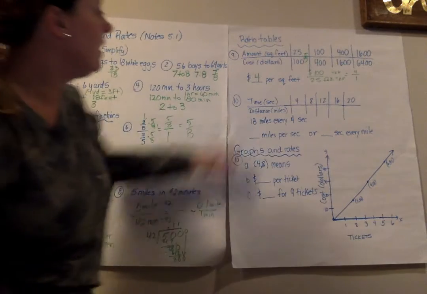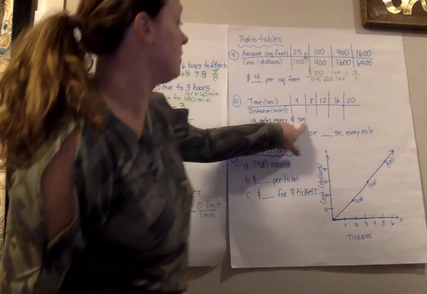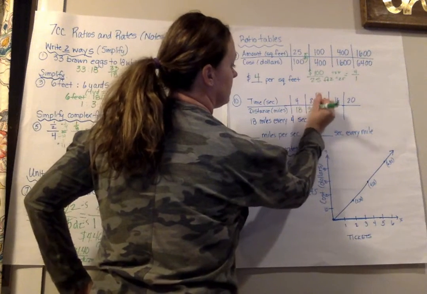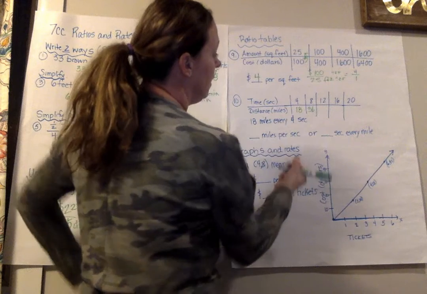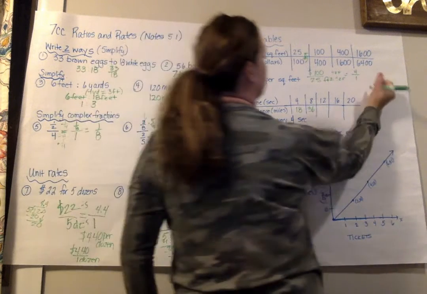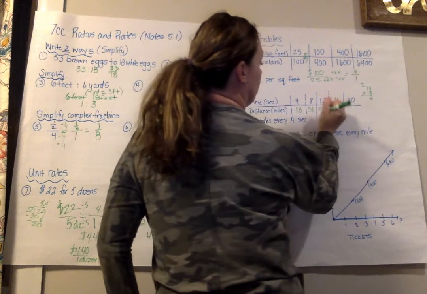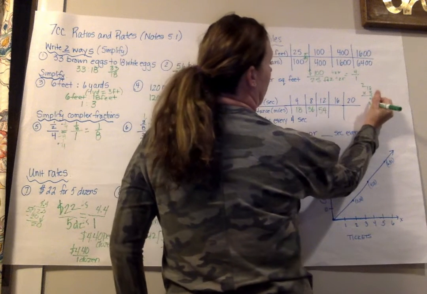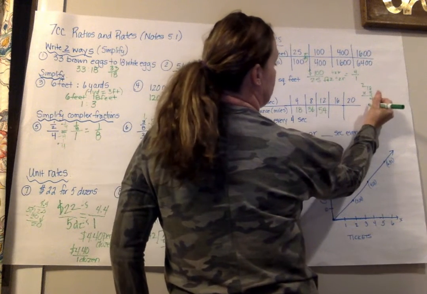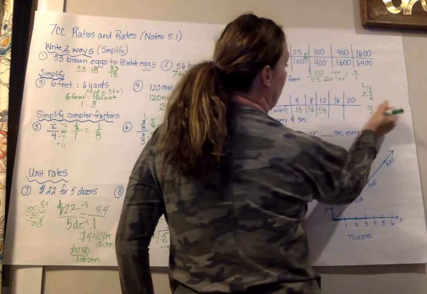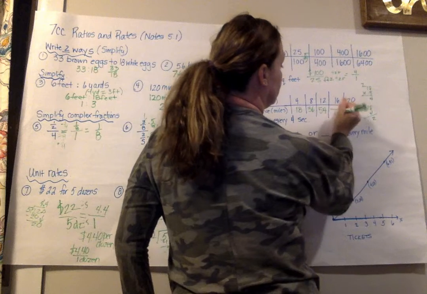Okay? Now for this one, it's telling me 18 miles every 4 seconds. So this is 18, this is 36, this is times 3, so 18 times 3, make sure you have your calculator, that's 54, and now I have 18 times 4, 72.